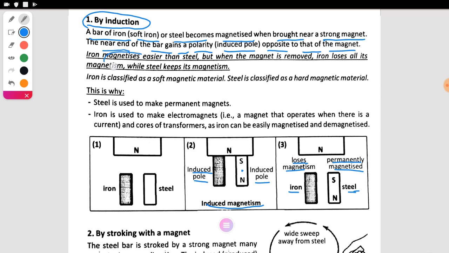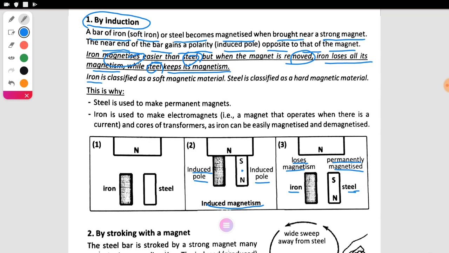Iron is magnetized more easily than steel, but when the magnet is removed, iron loses its magnetism, while steel keeps its magnetism. So it is called the permanent magnet, while iron is demagnetized.